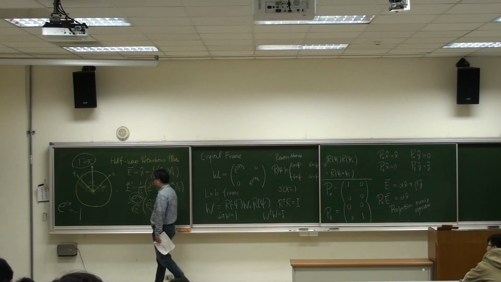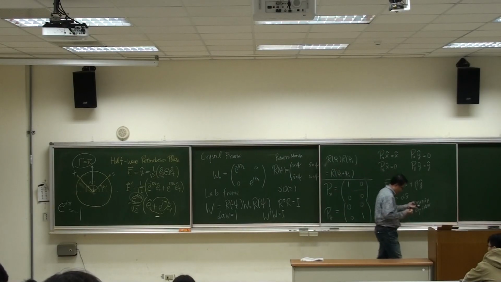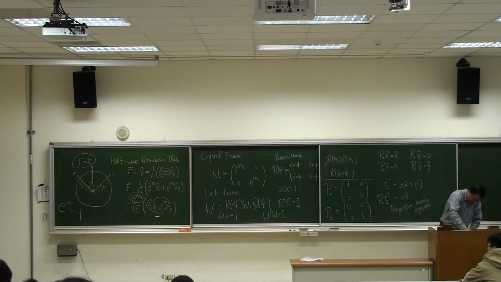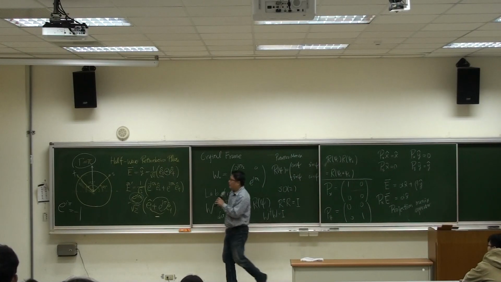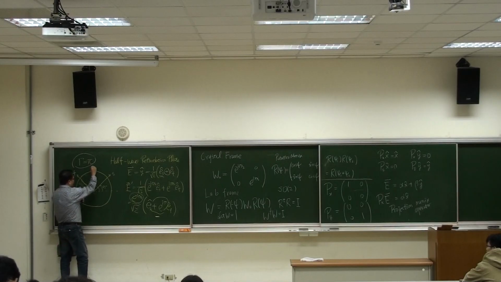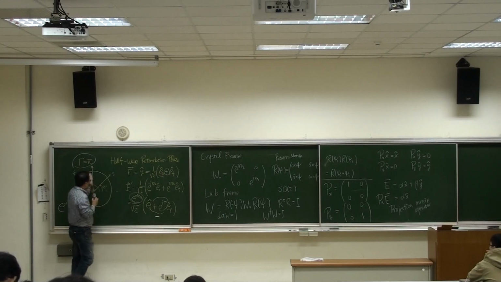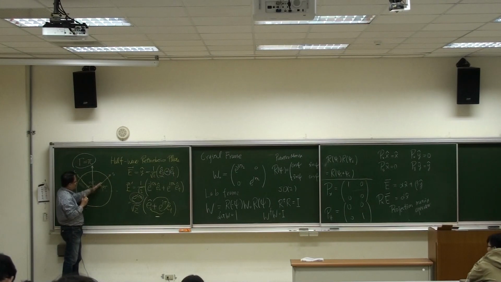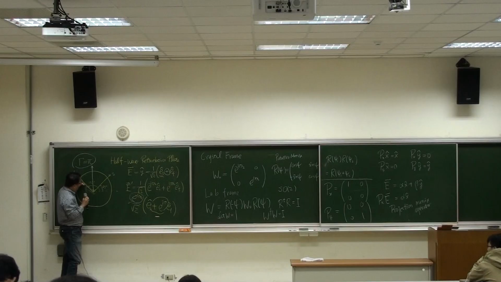So this means that we can think of the result intuitively. We can think of this problem intuitively by observing that originally we have this component and this component, both of which have the same magnitude. And then I keep the first component unaltered, but change the second component to its negative.